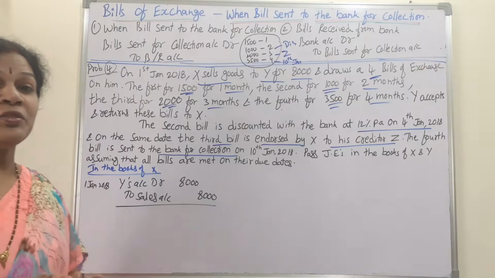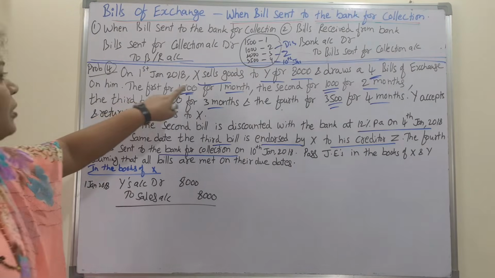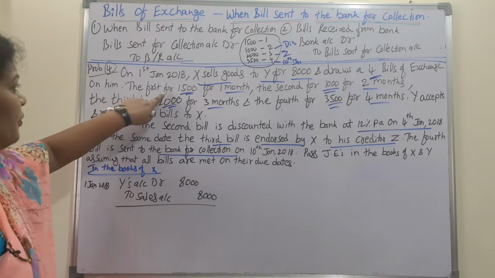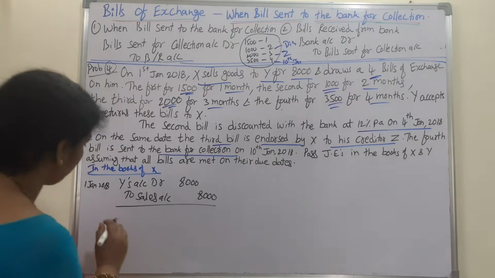When X is drawing bills of exchange on him, what would be the entry? He is drawing on the same date, January 1st.